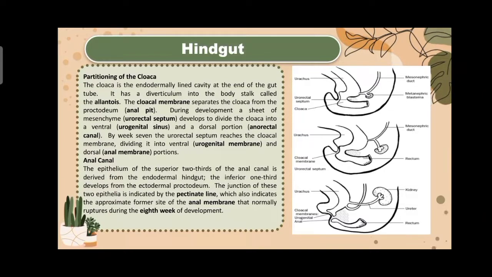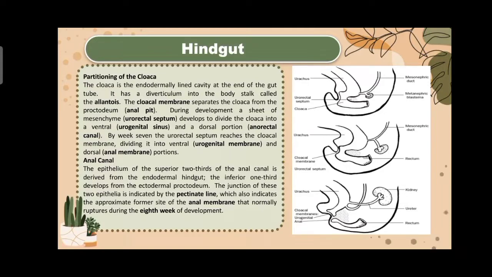During development, a sheet of mesenchyme, the urorectal septum, develops to divide the cloaca into a ventral urogenital sinus and a dorsal portion or anorectal canal. By week 7, the urorectal septum reaches the cloacal membrane, dividing it into a ventral urogenital membrane and a dorsal anal membrane.